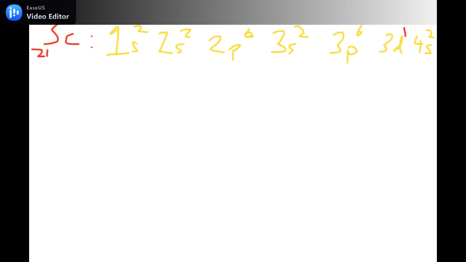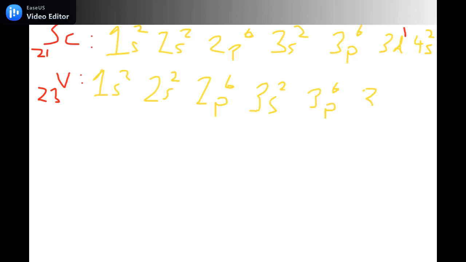Similarly, the next element we can take is, for example, vanadium. That is V, 23 is its atomic number. So over here, the configuration will be 1s2, 2s2, 2p6, 3s2, 3p6.